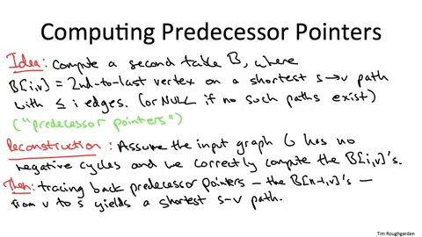Now, the other part of the correctness comes from the optimal substructure lemma. Remember, way back when we started talking about shortest paths and their optimal substructure, we said, well, if only we had a little birdie which told us what the last hop of a shortest path was, then the shortest path would just be that last hop concatenated with a shortest path from s up to the penultimate vertex w. And these predecessor pointers are exactly this little birdie.